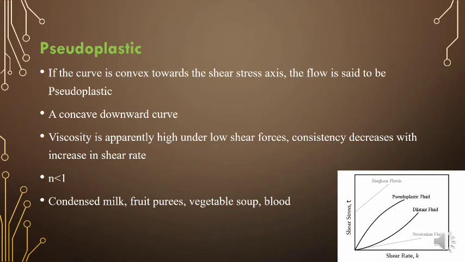That is an important point. So when n is less than 1, consistency decreases with increase in shear rate, and the curve is convex towards the shear stress axis, then it is called pseudoplastic fluids. Condensed milk, fruit purees, vegetable soup, blood, etc. are examples of pseudoplastic flow.